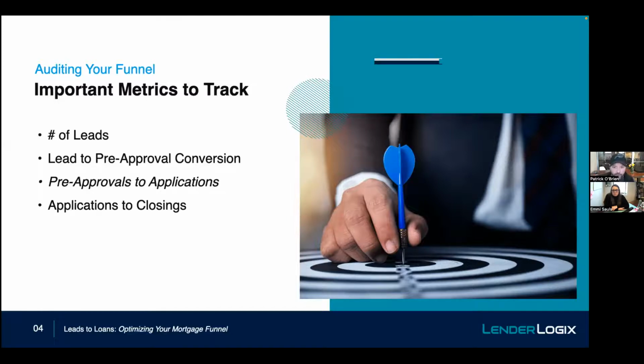We're certainly in a very heavy purchase market at this point. We can't get a lead to close if that lead does not get qualified or pre-approved. That's a critical part of the borrower's journey. So what's the percentage of those leads that we're converting to pre-approvals? What are the things we can do to improve that? That's what we're here to talk about.